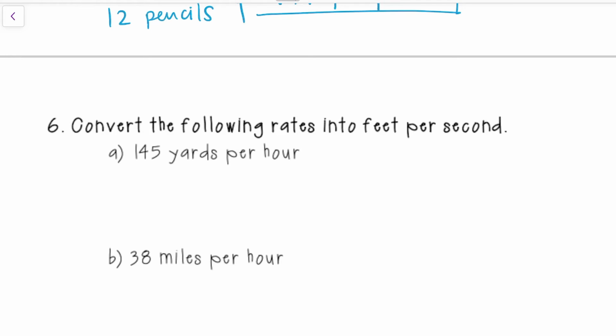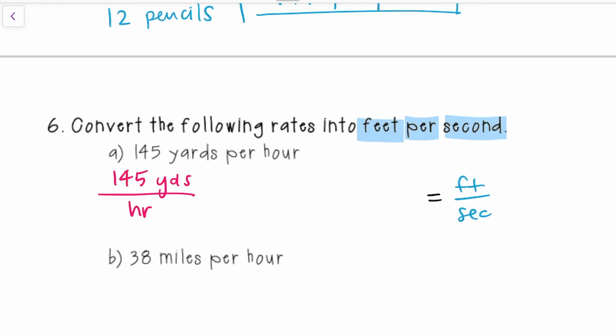So in number 6A, we are asked to convert into feet per second, and that's what you're going to be doing for part B for your homework as well. So converting 145 yards per hour into feet per second, I just write exactly what I'm given, yards per hour, and I'm going to feet per second.